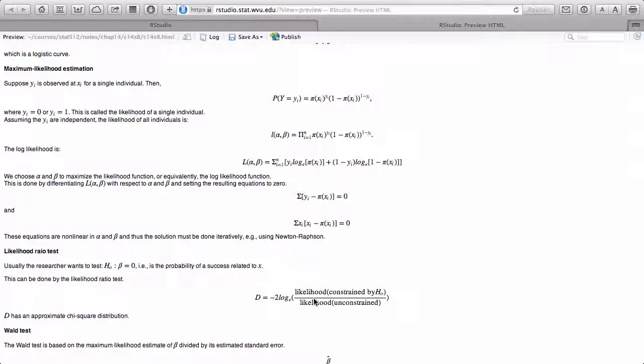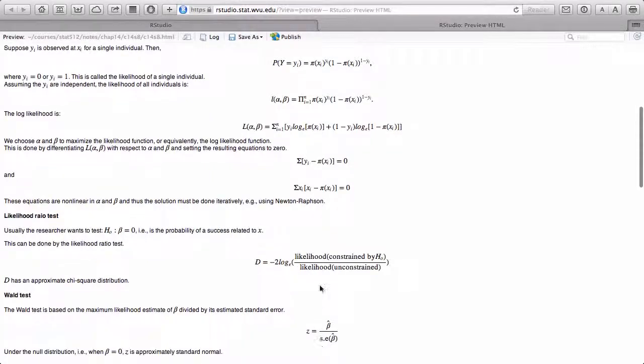The log of AB is the log of A plus the log of B. The log of A over B is the log of A minus the log of B. You can think of A over B as A times B to the minus 1. So if I take A times B to the minus 1, I get log of A, and the minus 1 comes down, minus log of B. So it's like taking a reciprocal.